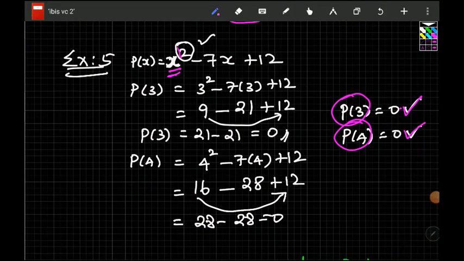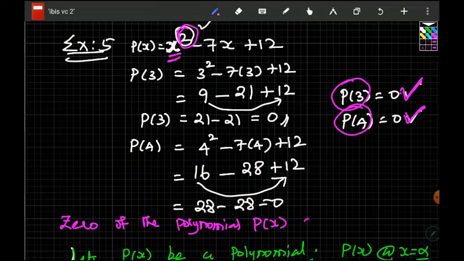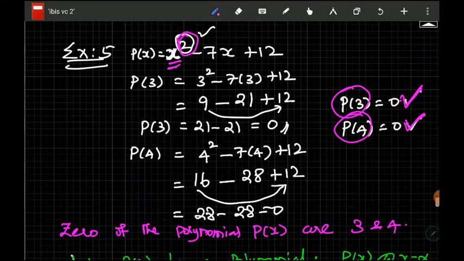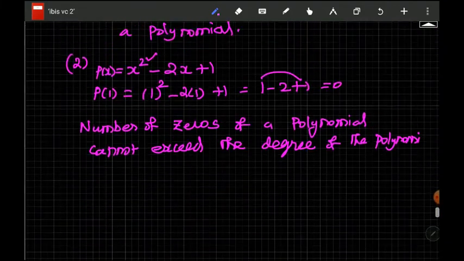Here the degree is 2, then there are two zeros. The zeros of this polynomial p of x are 3 and 4. Here the zero of the polynomial 3y square minus 4y is 0. So that's why this summarization.